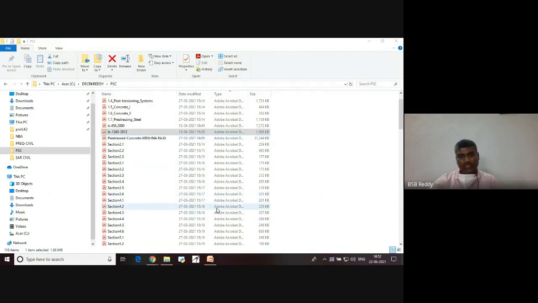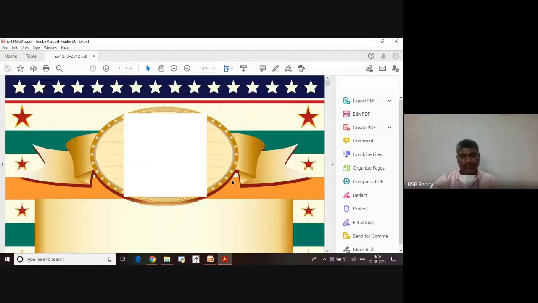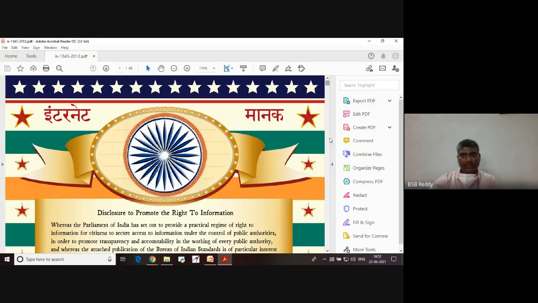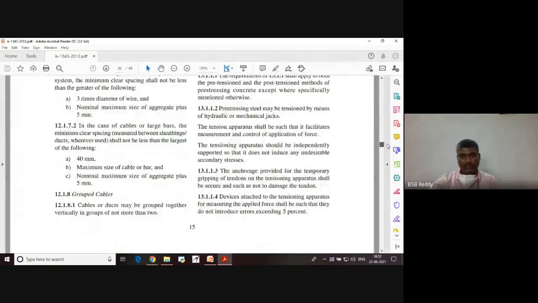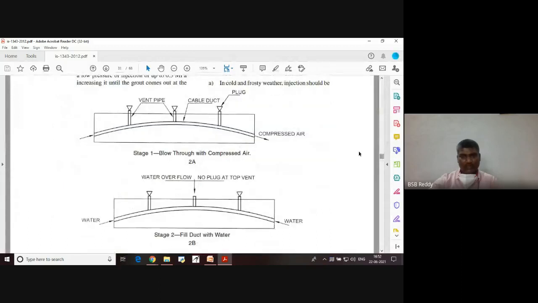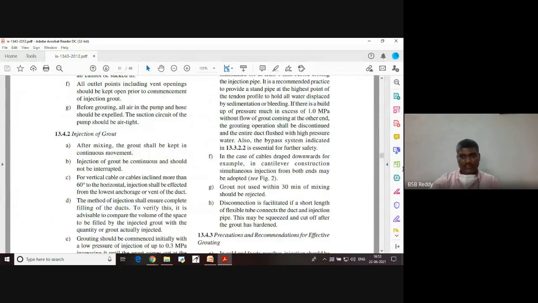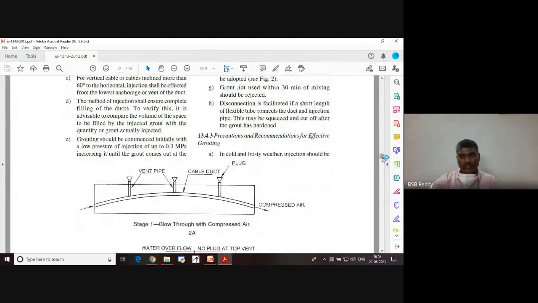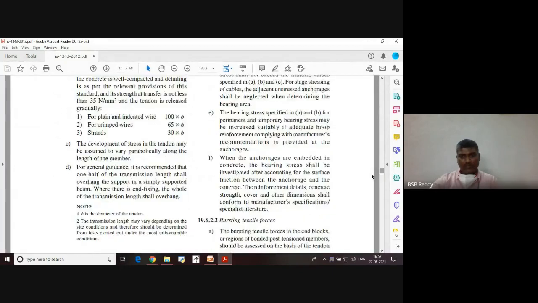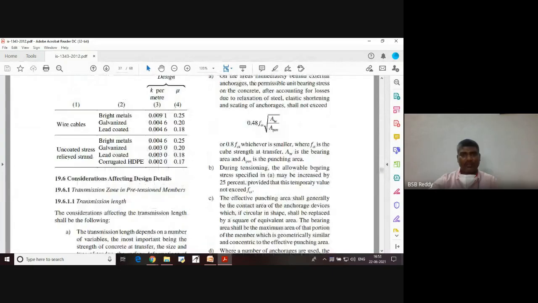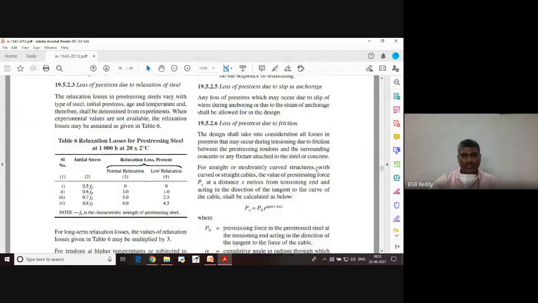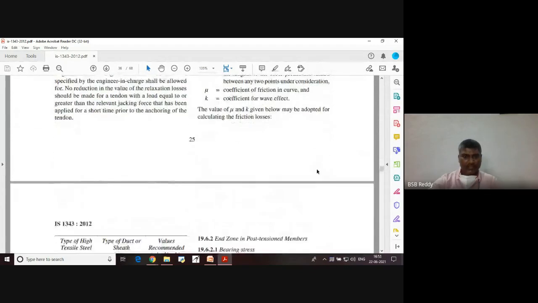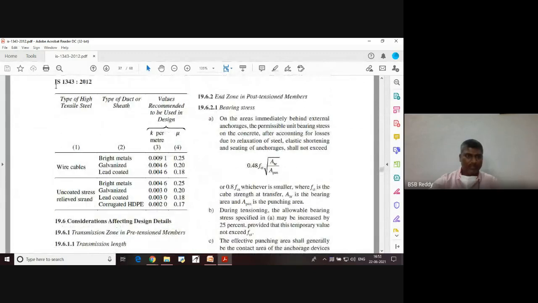The table that you have seen, if you go through that, just to make you comfortable with the IS code clauses, I'll just show you the clause 19.5.2.6. Okay, so this is loss of stress due to friction that is given to you, and this is a table that I was presenting to you.